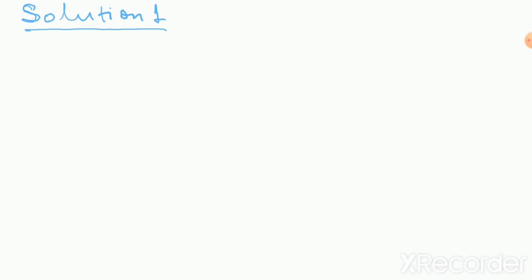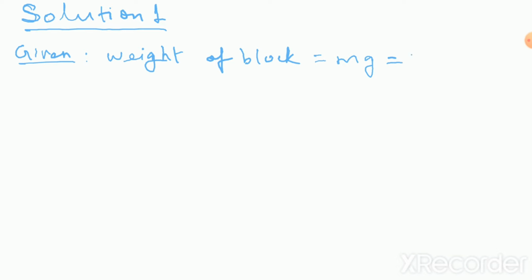First of all, the weight of the block can be taken as m into g, and this is given as 100 Newton. Then the next thing, the length of the slope has been given as 5 meter.